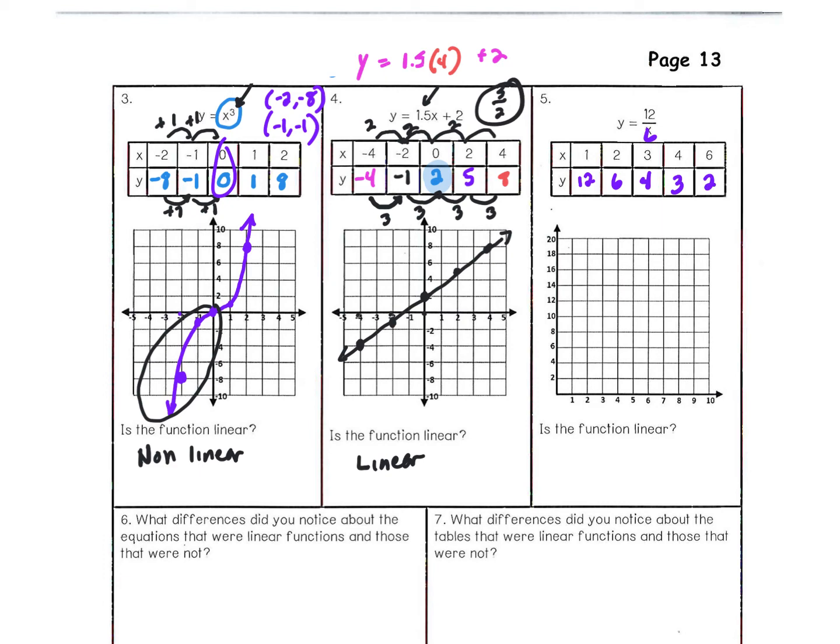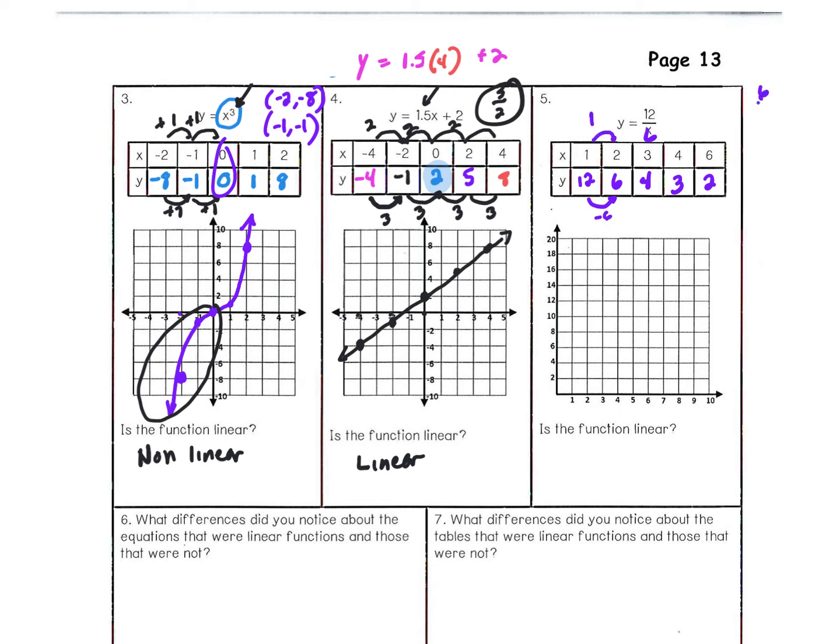So this equation. I don't know if you recall what we talked about, having an x in the denominator, but let's see what we see with the rate of change, as well as what's going to happen when we try to graph it. So my change in my y's, I'm going down 6. My change in my x's, I'm going up 1.